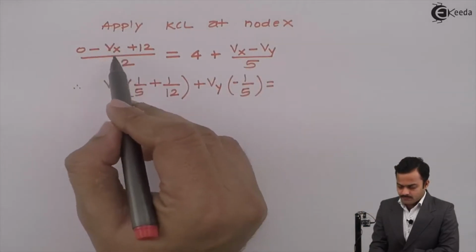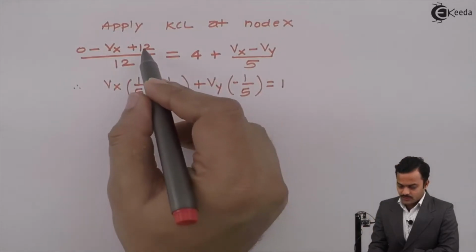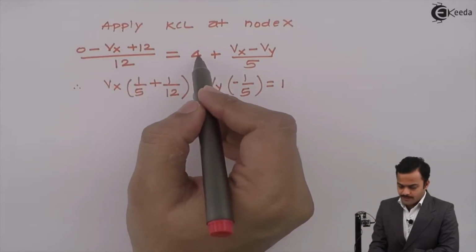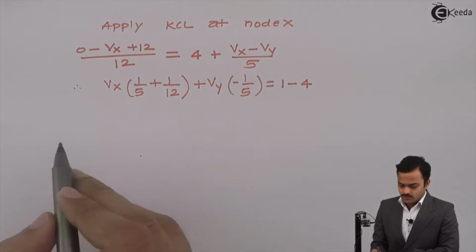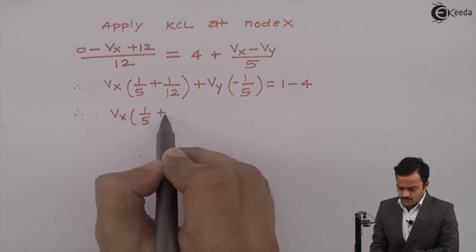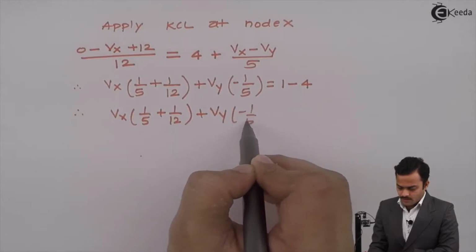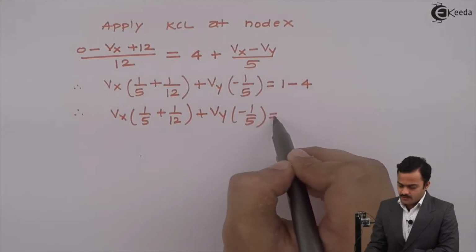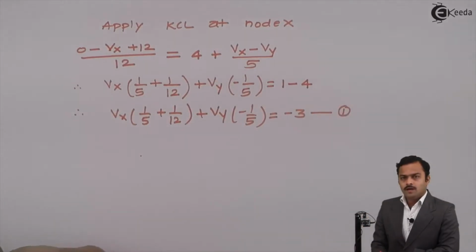I am taking this term this side, the constant here is 1 because it's 12 by 12, and this 4 I am taking to the other side, so it is minus 4. So actually you will get an equation having two unknowns, Vx and Vy, and a constant of minus 3, equation number 1.